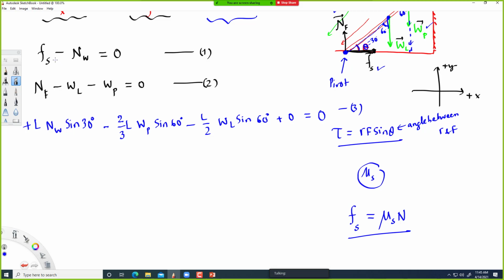You can use either one. So this is F in our formula for static friction, in this diagram. Okay, I see.